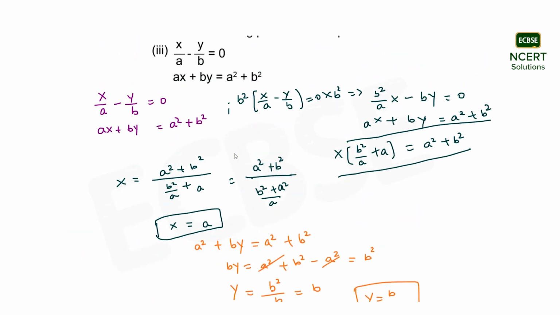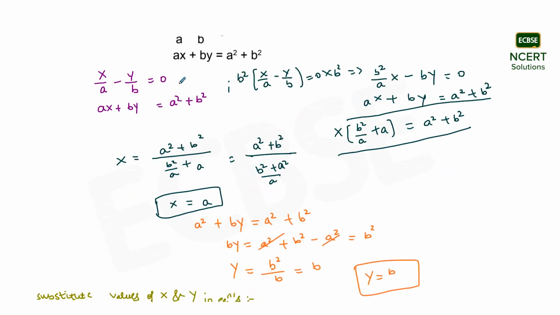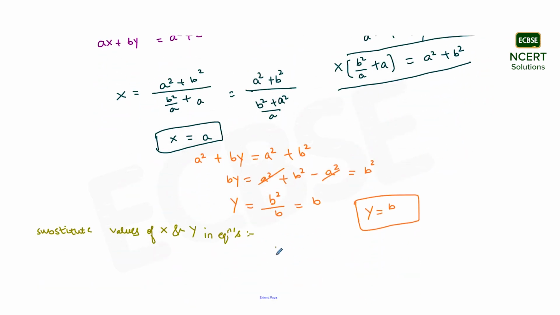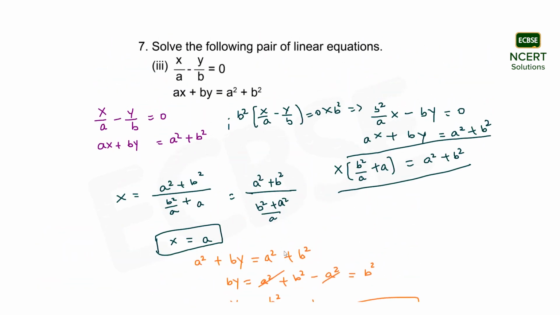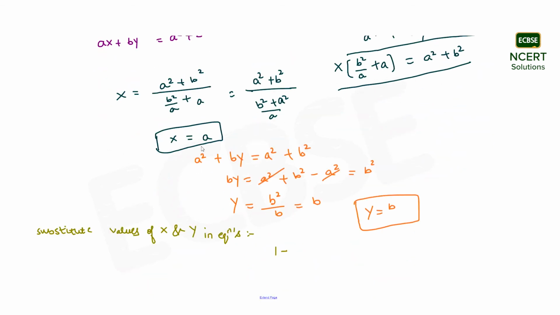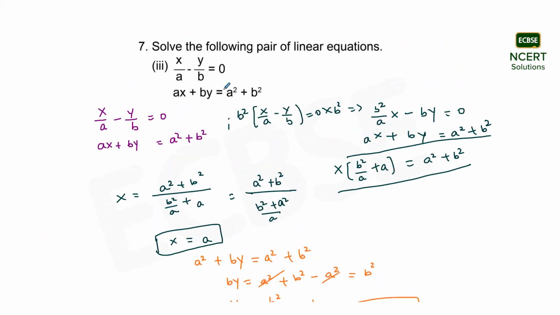So a by a will be 1 minus y by b, and the value of the y is b, so b by b will be equal to minus 1, that is 1, as 1 minus 1 comes out to be equal to 0, which is equal to the right hand side of this equation, right? Means left hand side comes out to be equal to that of the right hand side.